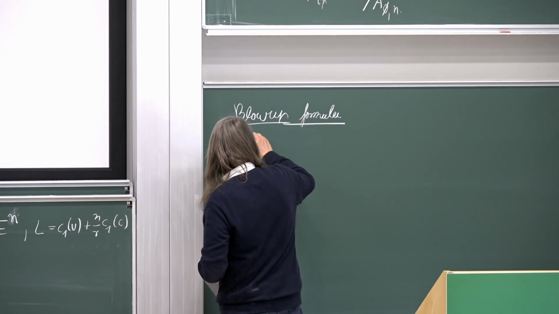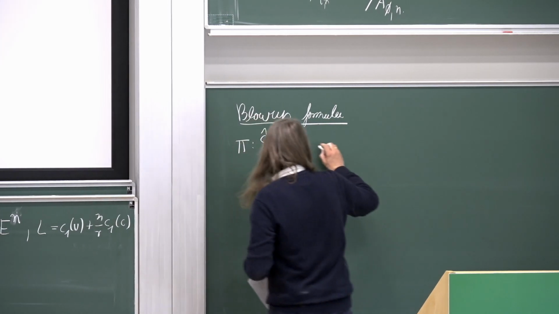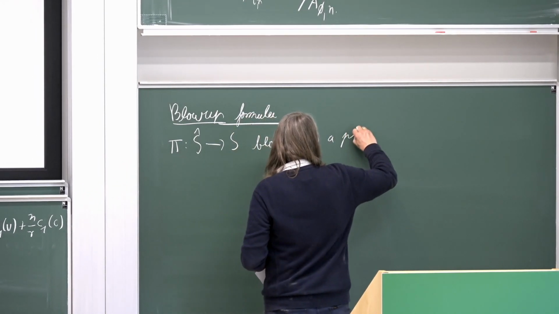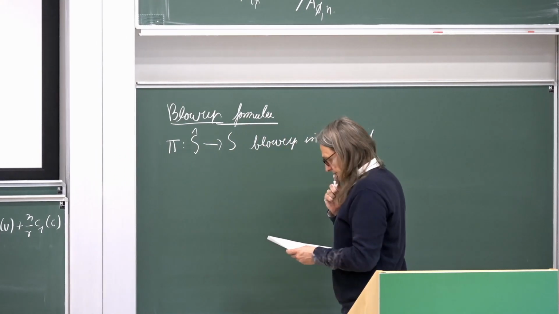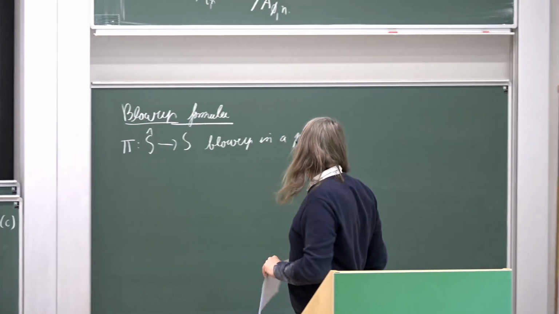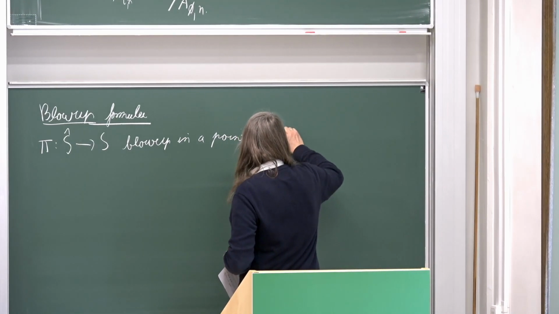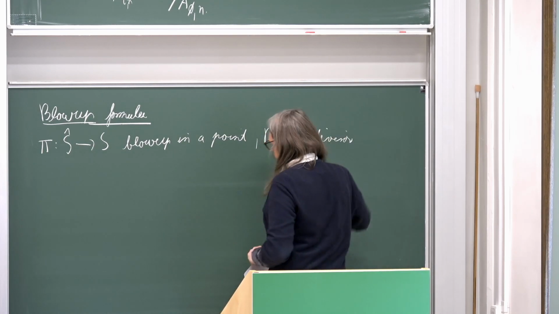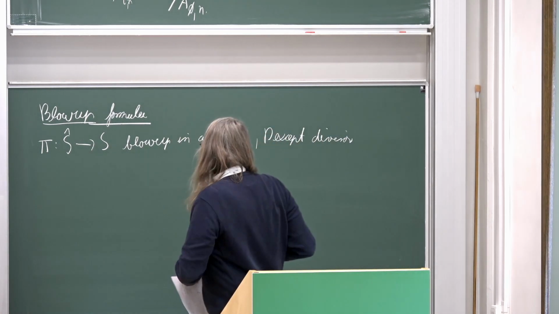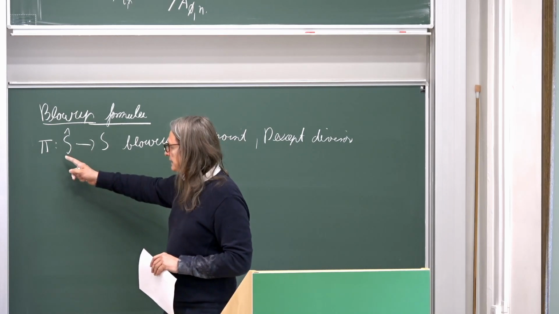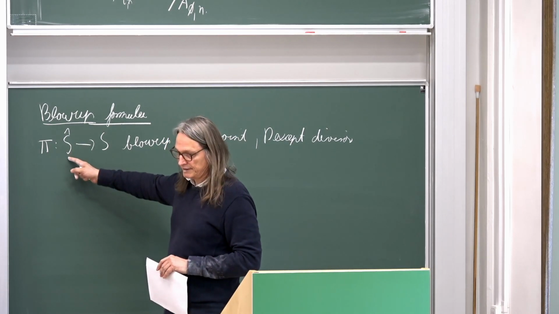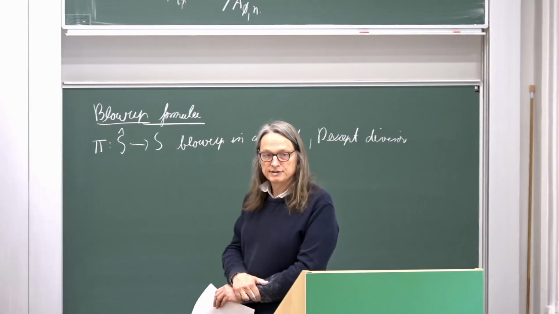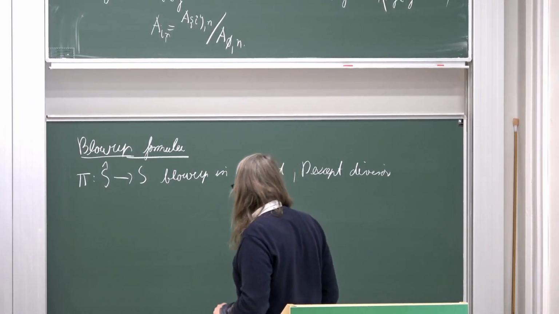If I take p from S hat to S, the blowup in a point, and let's say D is the exceptional divisor, then it's a very good thing to try, if one wants to compute some invariants, to compare them for S and the blowup.